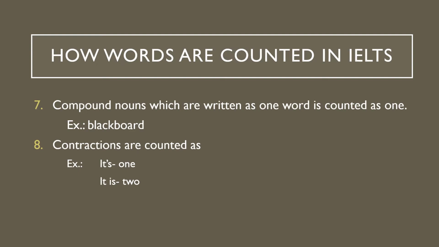Remember to spell compound words correctly. Lastly, contractions are counted as 1. When words are separated as in it is, not it's, then the answer is counted as having 2 words. Again, please take note of these rules so that you will not exceed the word limit and your answer not counted.